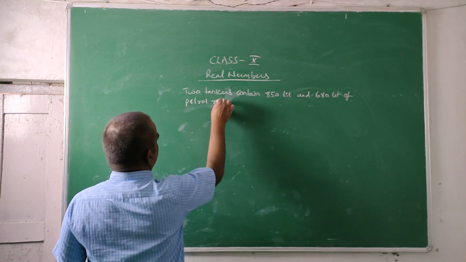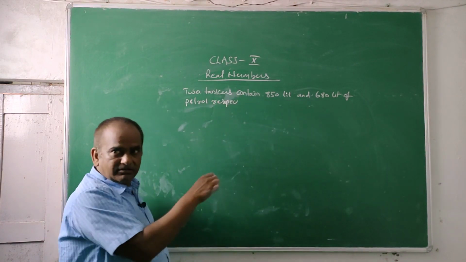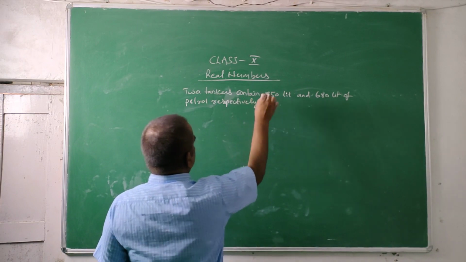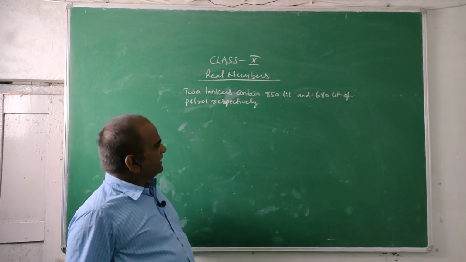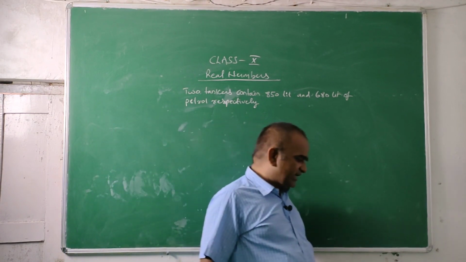Two tankers contain 850 liters and 680 liters of petrol respectively.